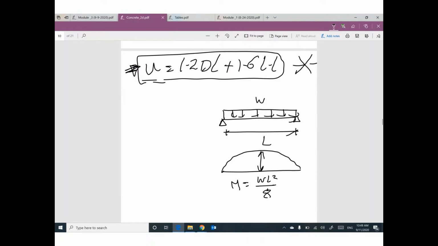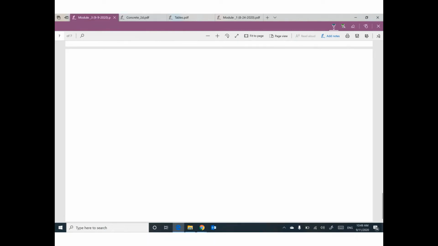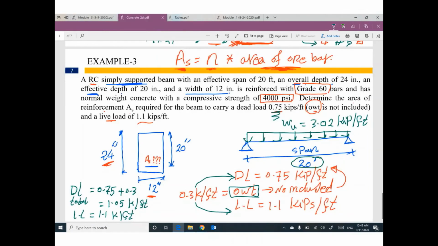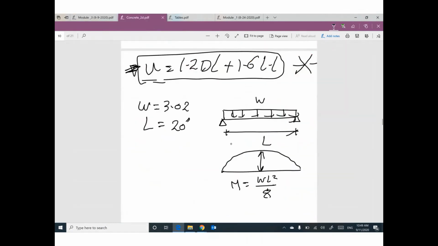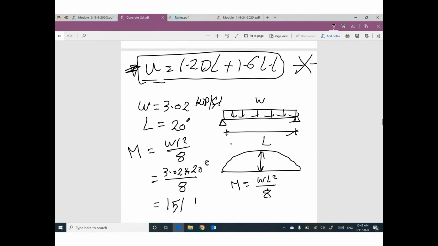That means your W in this case is 3.02. The length of this beam equals 20 feet. So your moment equals W L squared over 8, which is 3.02 times L squared divided by 8. Your final moment will be 151 kip-foot, and this moment is M ultimate.